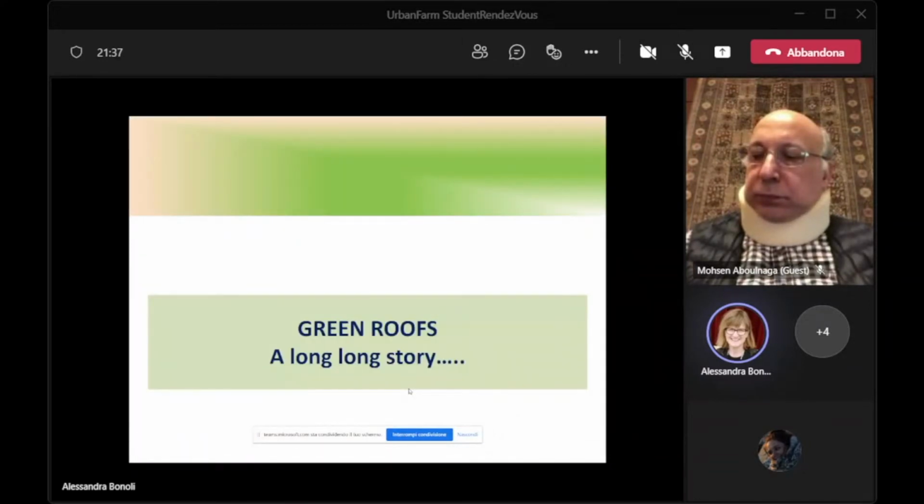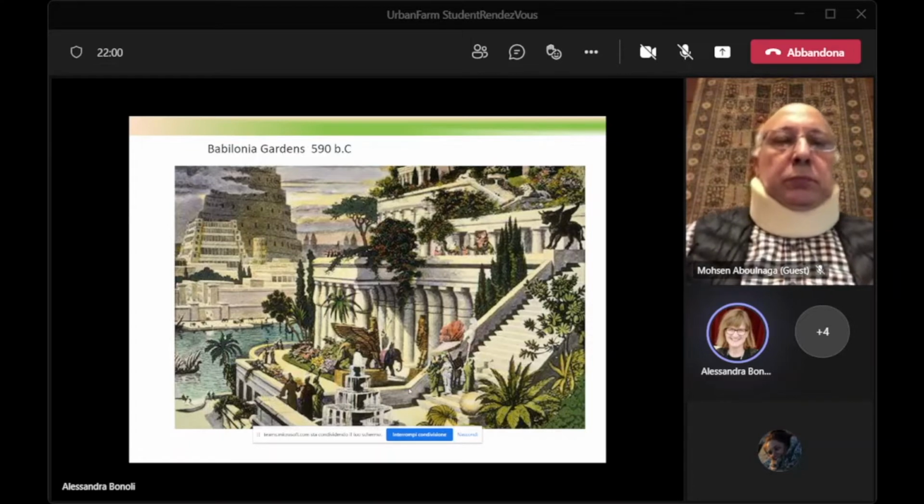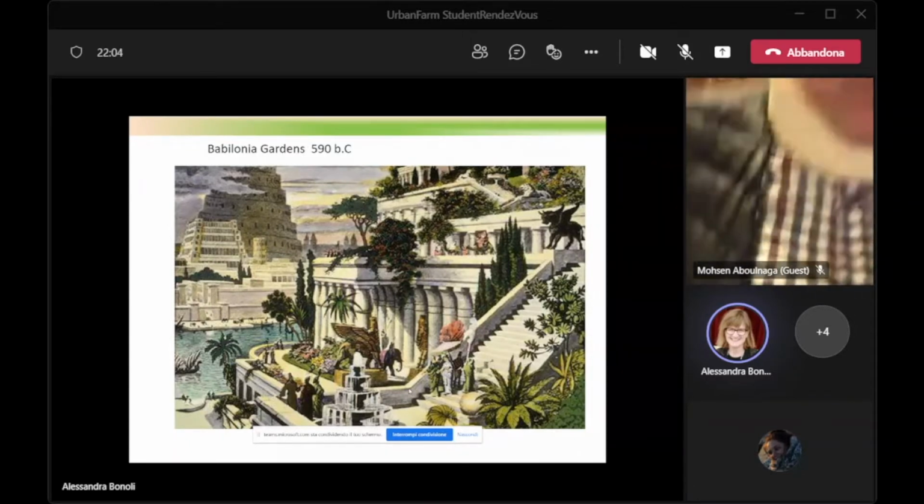And the green roof, just to look at some photos, has a long story, starting from the myth of the Babylonian gardens many centuries before Christ. Here you have a picture of the mythological garden of Babylonia that represents the best kind of quality of life.